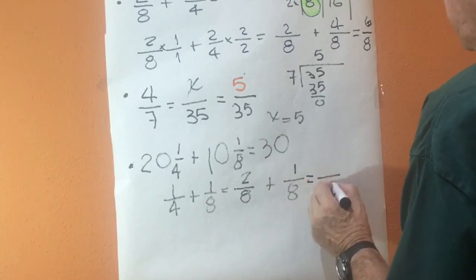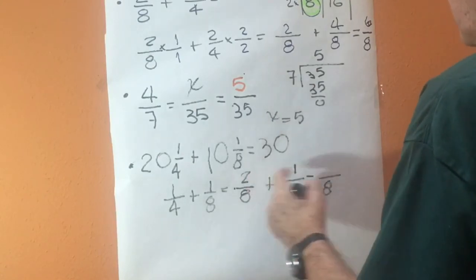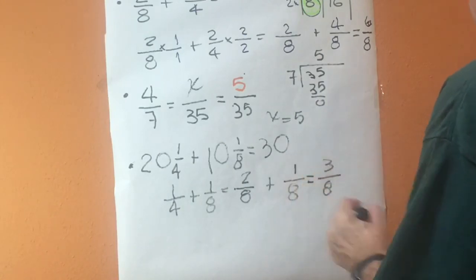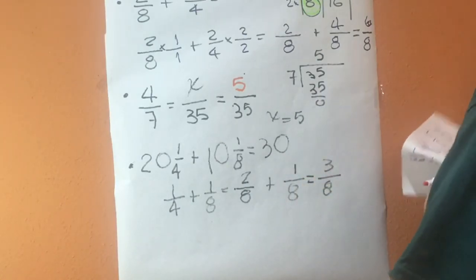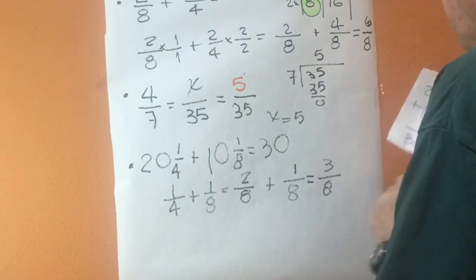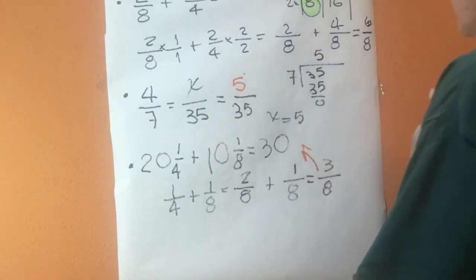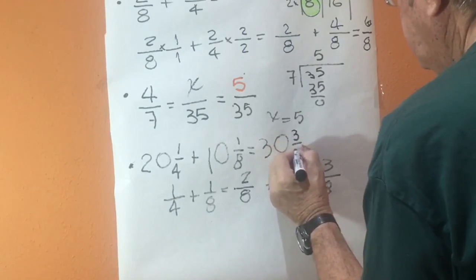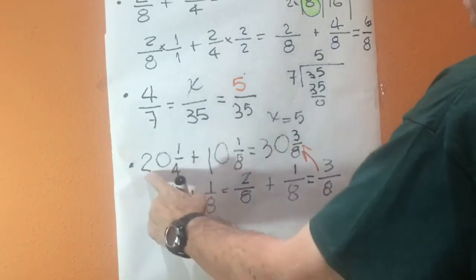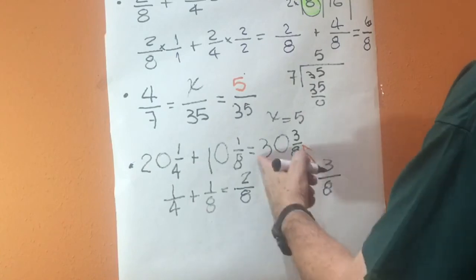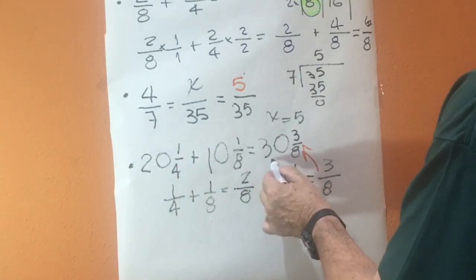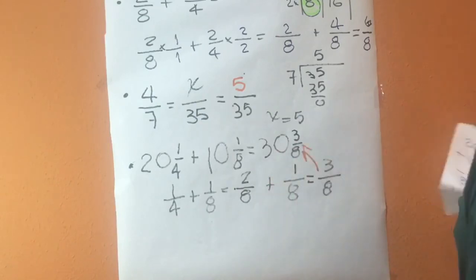So the answer in this case will be 3/8. Well, I have to complete my addition with the final 3/8 answer. So if I add these mixed numbers, my answer will be 30 and 3/8.